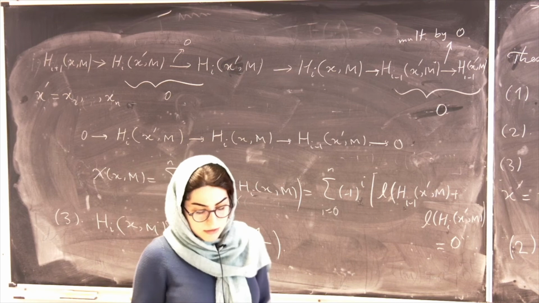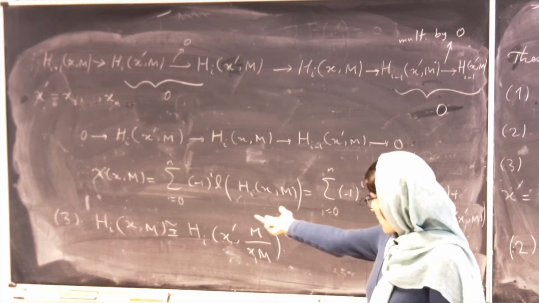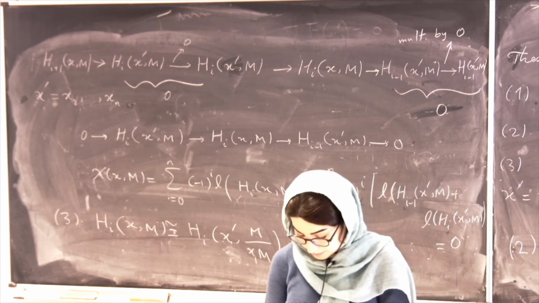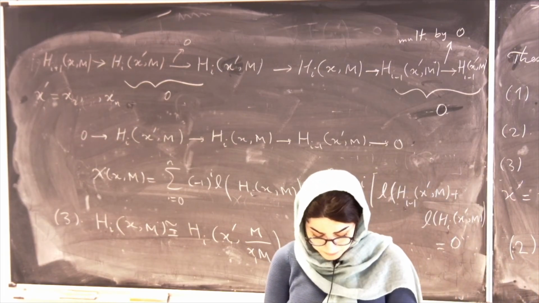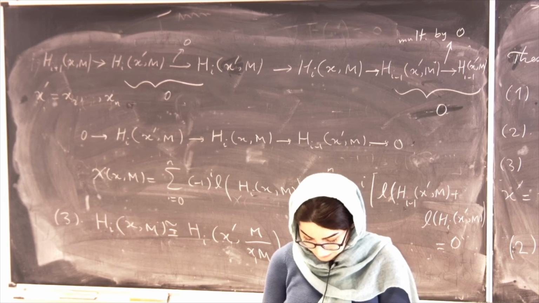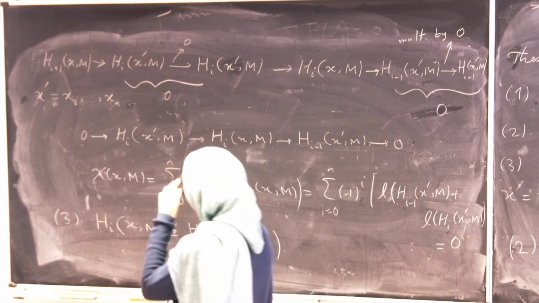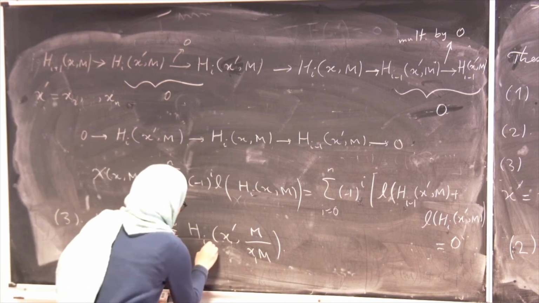So just the alternating sum of both are the same, and we get this formula for Euler characteristic. Sorry, h_{i-1}.